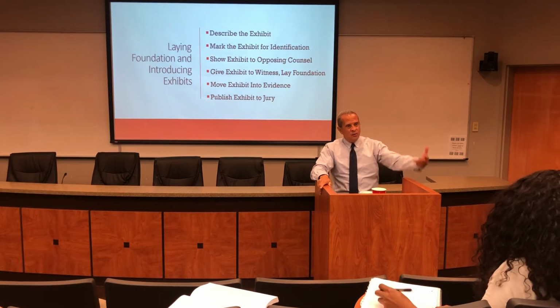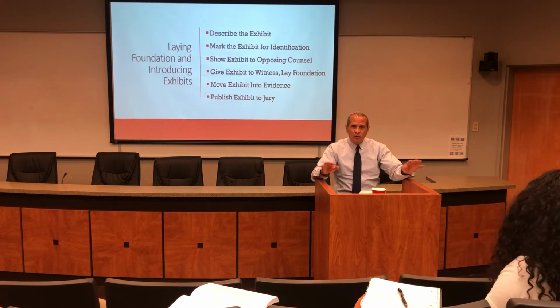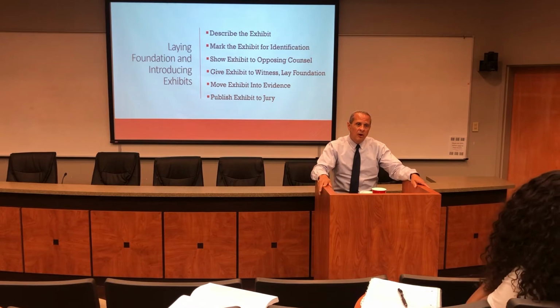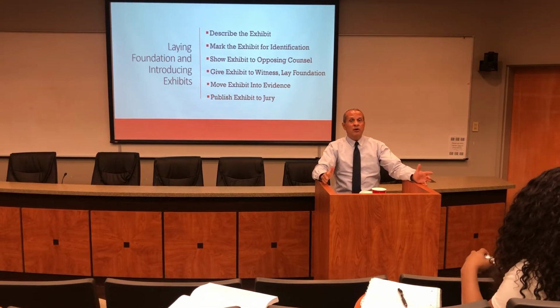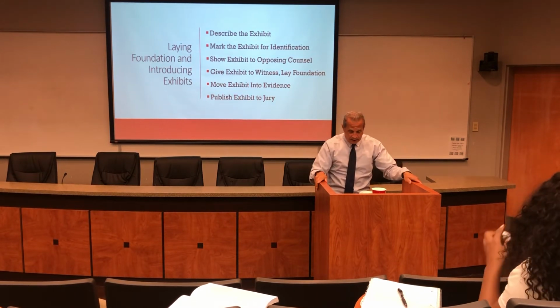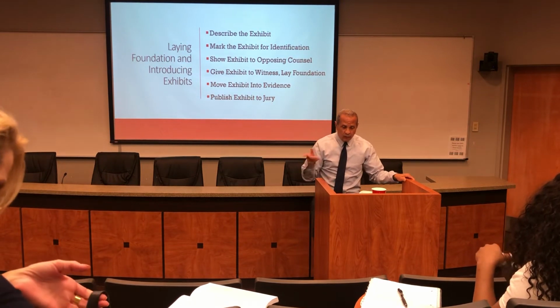And you can also do away with a lot of that with motions in limine. So there are fewer battles that you have to fight for the admissibility of exhibits, or you know that you've got the foundation you need and you've done it properly, and so you're likely to withstand any opposition from opposing counsel.